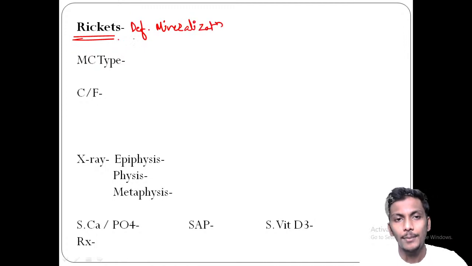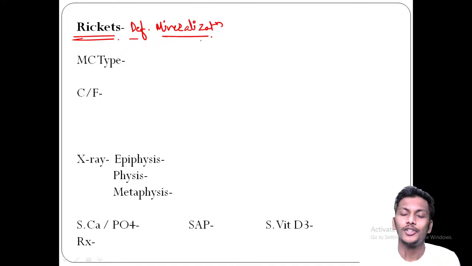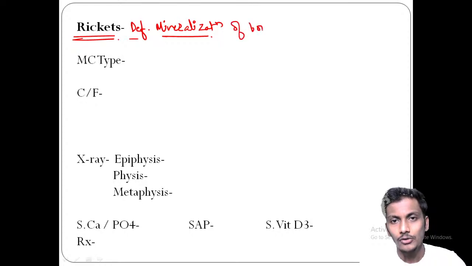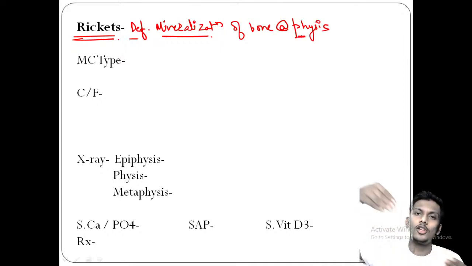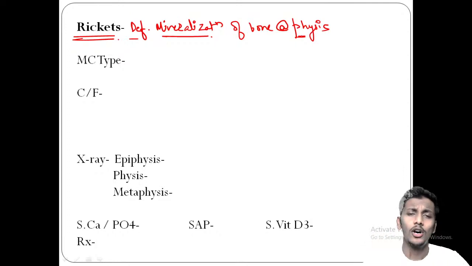Mineralization of the bone usually occurs at the level of the physis, or growth plate, which causes increase in the longitudinal length of the bone. So at the physis, if there is defective mineralization of the bone, this condition is known as rickets.